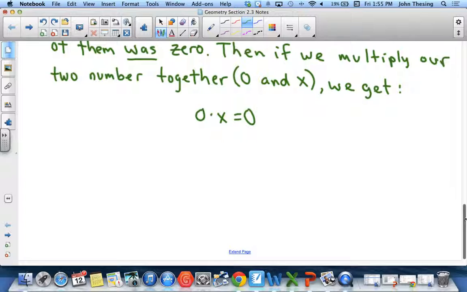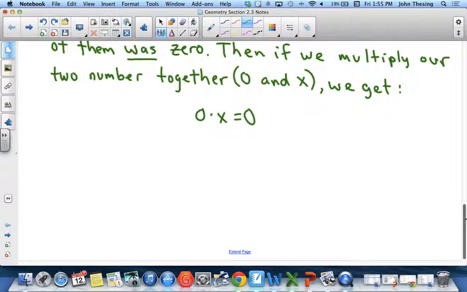What's the problem here? I claim that there's an issue going on. We assumed that we took two numbers and multiplied them together and got a non-zero answer, and the claim is that neither one of them is 0.